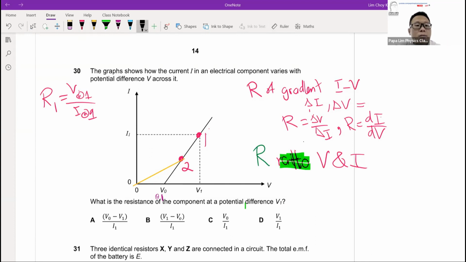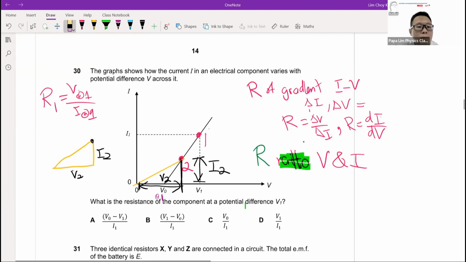So in other words, this value here will be my current at 2, and this value here will be my voltage at 2. So this is my I2, this is my V2.